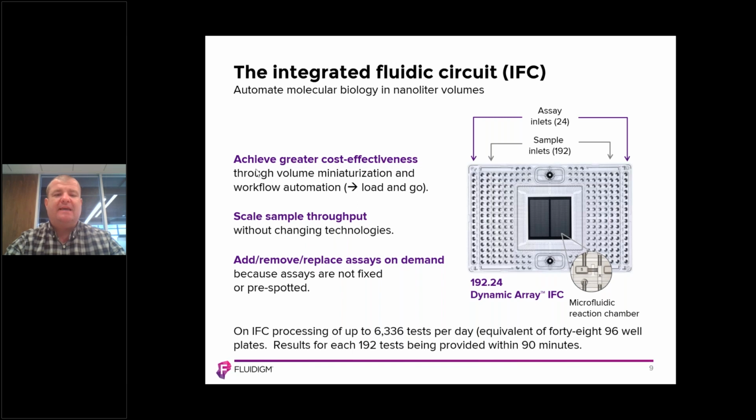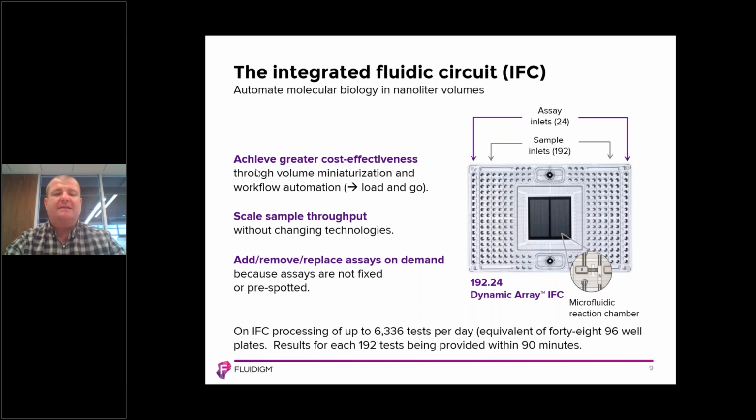We also enable you to scale sample throughput. What that means is that in this example, we are showing you one of our 192.24 IFCs, but in actual fact, as you learned in the previous session, we've got integrated fluidic circuits that can do all different levels of throughput. So we offer a technology, a foundation technology that can be scaled without having to change methodologies.